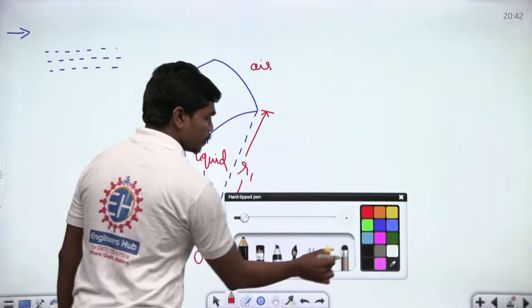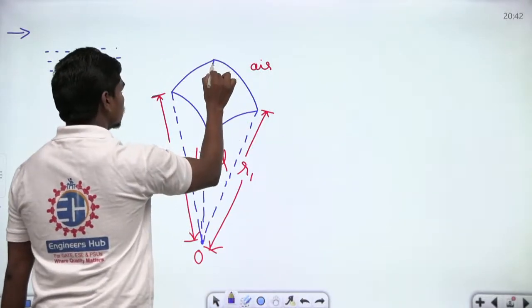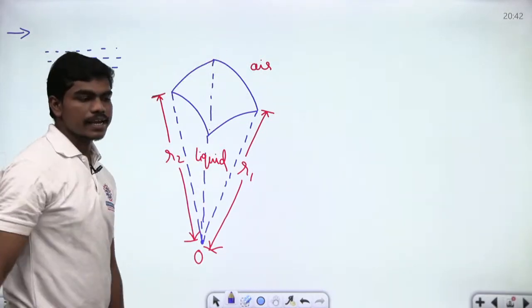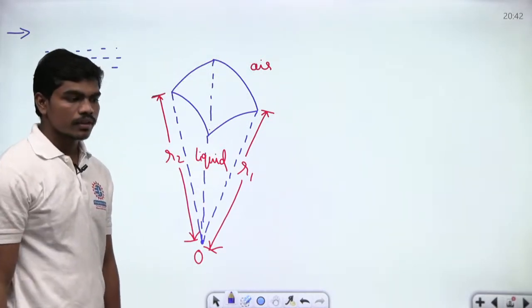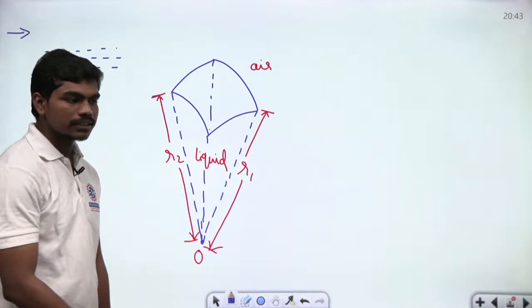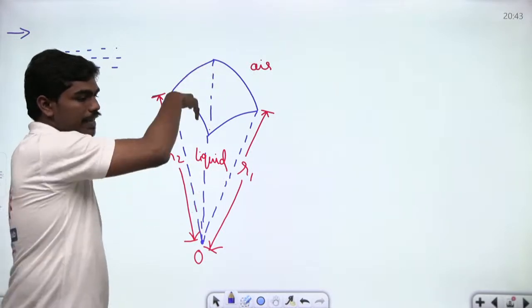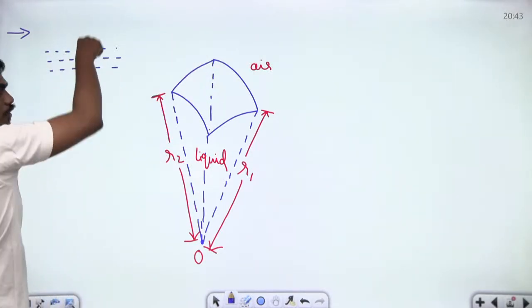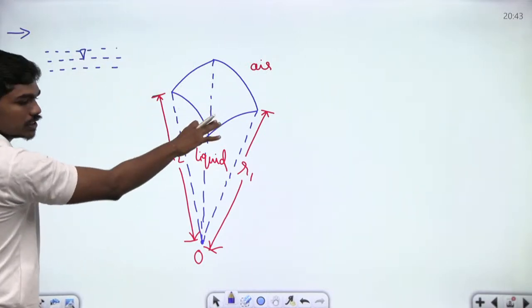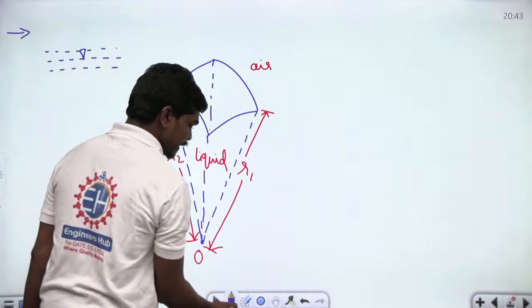Can you all sense that there is one such watermelon strip which we are taking from the free surface of this liquid? Let us suppose this is the small area which I am taking, so I am just enlarging this. Now see carefully what is happening.